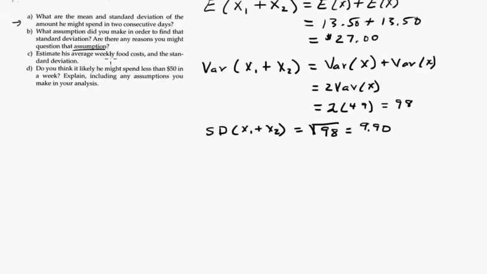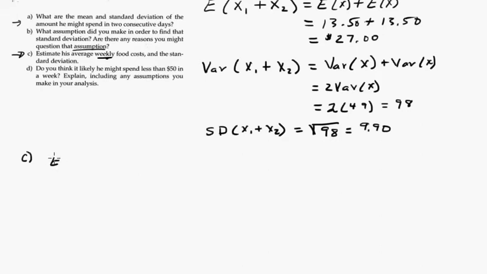Now, estimate the average weekly food cost and the standard deviation. So that's what we did with A and B. Oh, weekly. Weekly is 7 days.